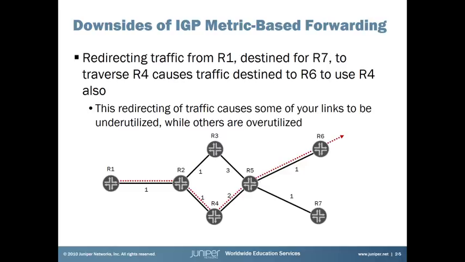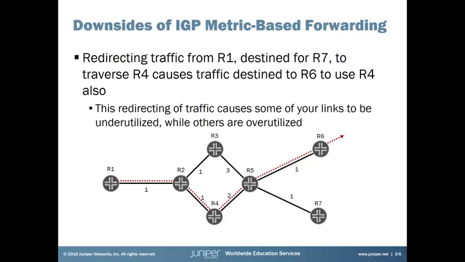So redirecting traffic from R1 destined to R7 to traverse R4 causes traffic destined to R6 to also use R4. If you go and tweak your IGP metrics to favor the other path, then you have the other problem, in that it all now goes through R4.